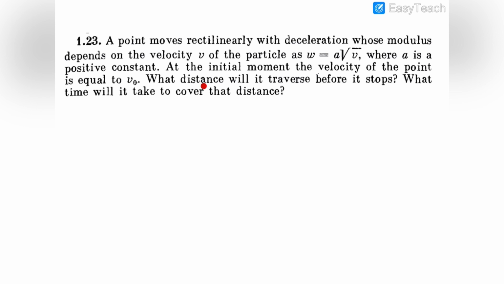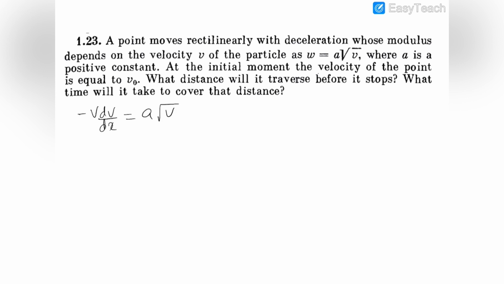Okay, so we have to find out the distance it would travel before it stops, and the time taken by the particle to stop. So first of all, let us see that the retardation, which is minus v dv by dx, is equal to a root v.